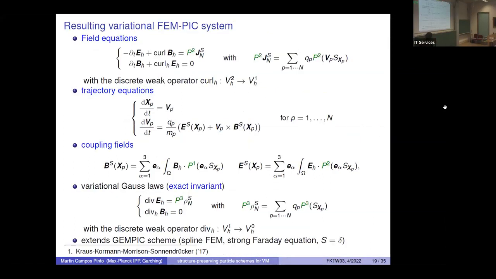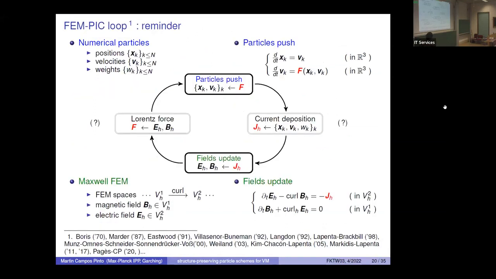Okay, so this is the variational system that you get from this derivation. The discrete, projected current density is here, and the coupling field is the one that I showed before. So again, I show this main FEM-PIC loop.